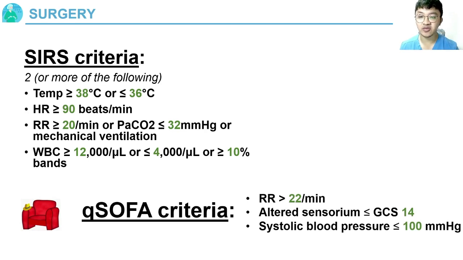RR more than 22, altered sensorium less than 14, systolic blood pressure of less than 100. So what is HAT there? H is hypotension, less than 100. A is altered sensorium, less than 14. And T is tachypnea, RR more than 22. Okay, that's HAT on qSOFA. In SIRS, it's 20. In qSOFA, it's 22. So you don't get confused.